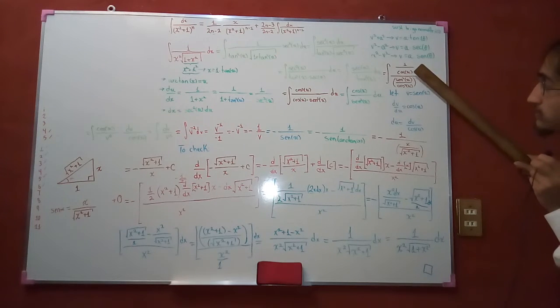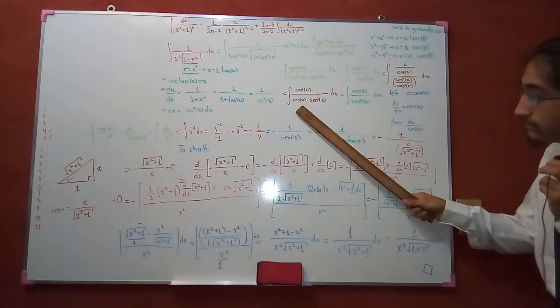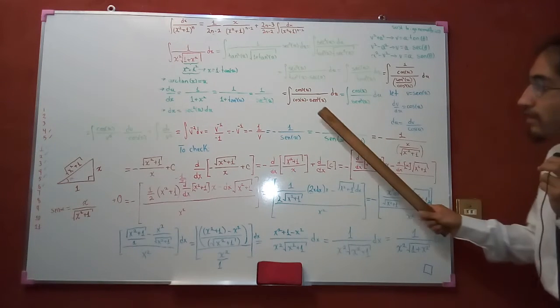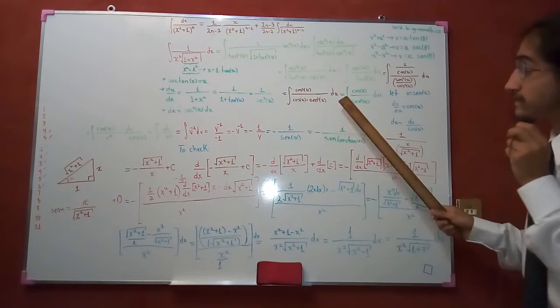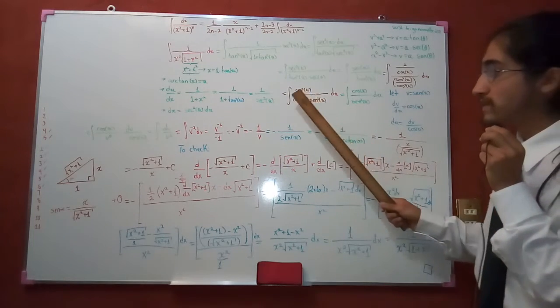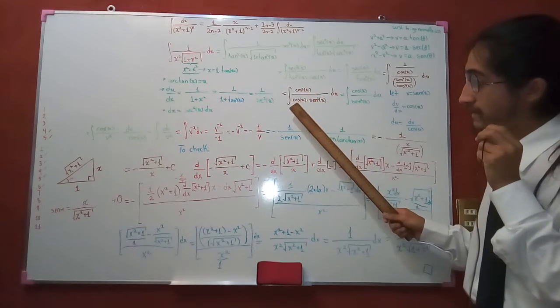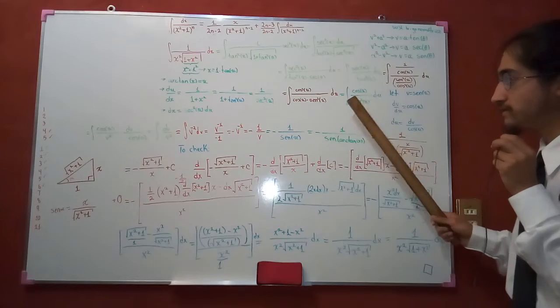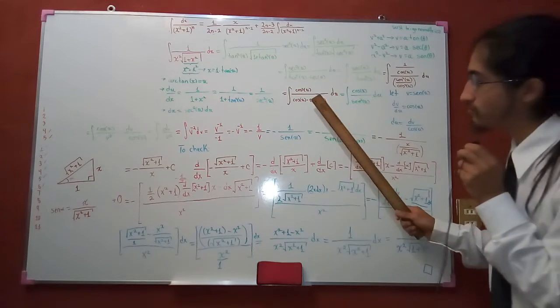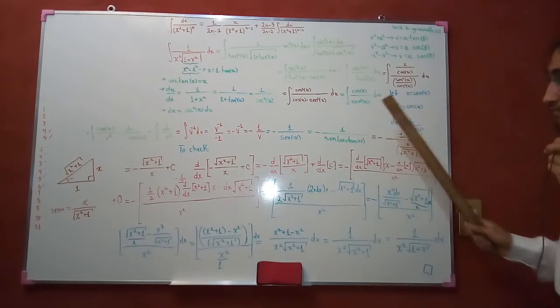So cosine of u multiplying the sine squared of u du. This is equal to the cosine squared of u divided by the cosine of u, which is equal to the cosine of u, and this number divided by the sine squared of u du.